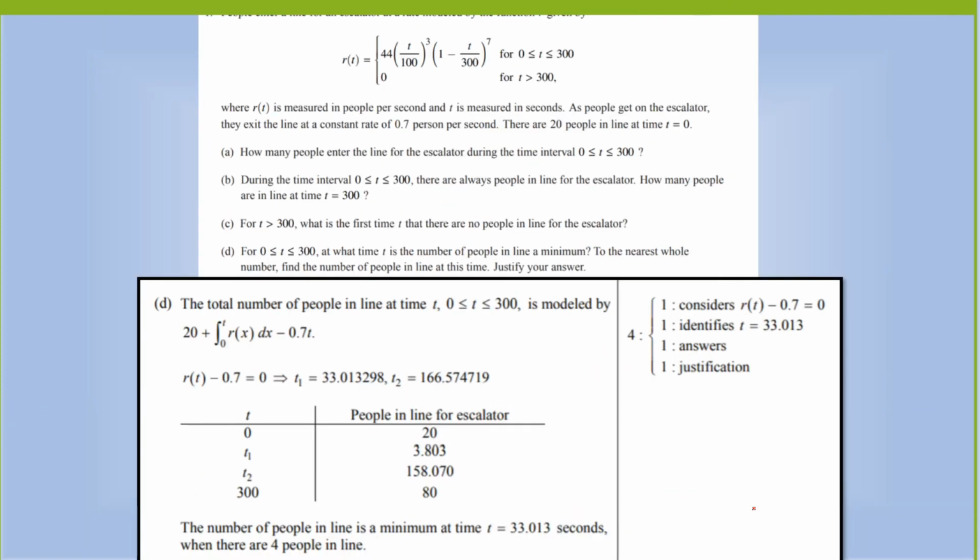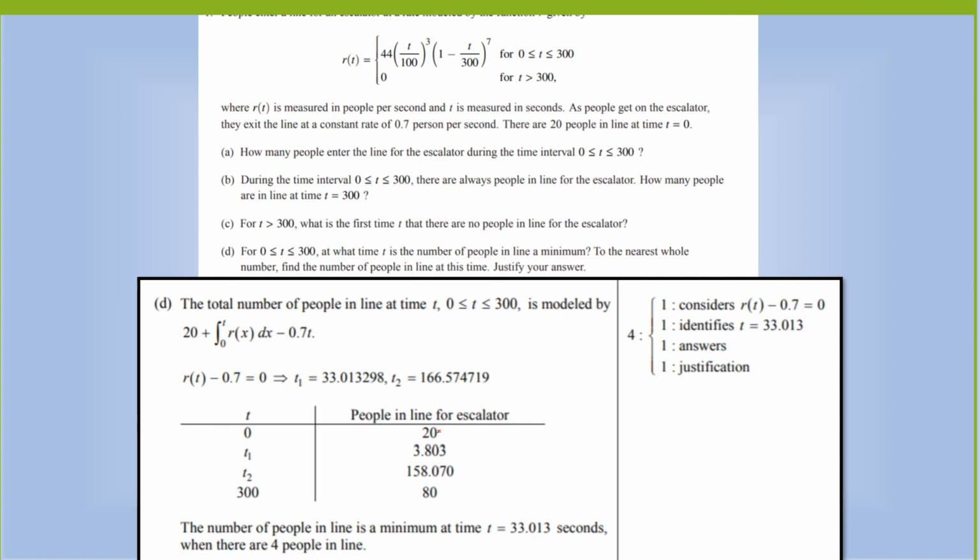Okay, here it is again. Our total number of people in line is 20 plus the integral from 0 to t of the people per second who enter line, minus 0.7 people per second leaving times t. We can plug in all of our t's at the start point, end point, and critical points to figure out when our number of people was at a minimum.